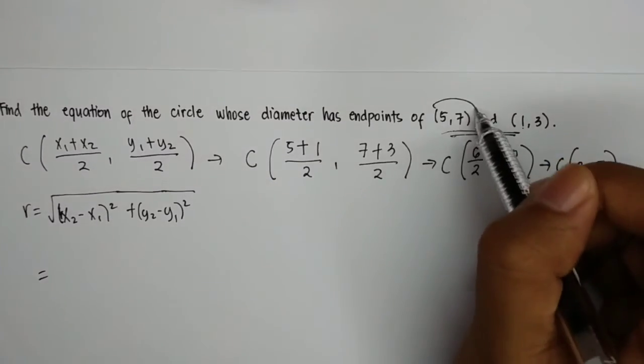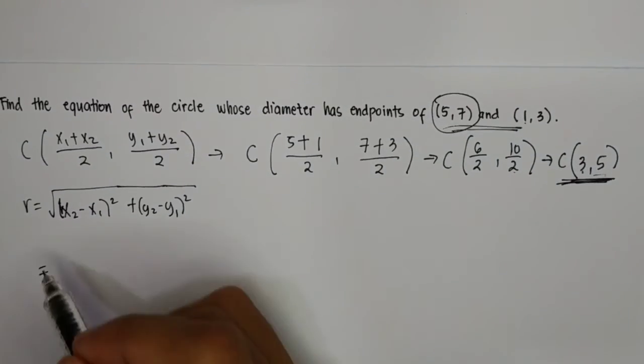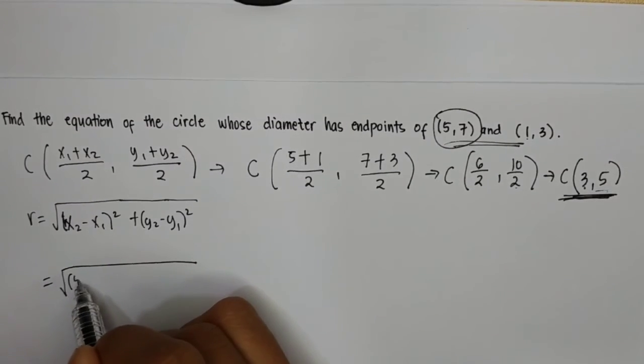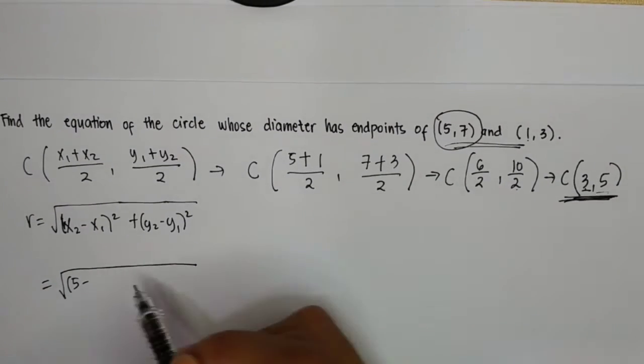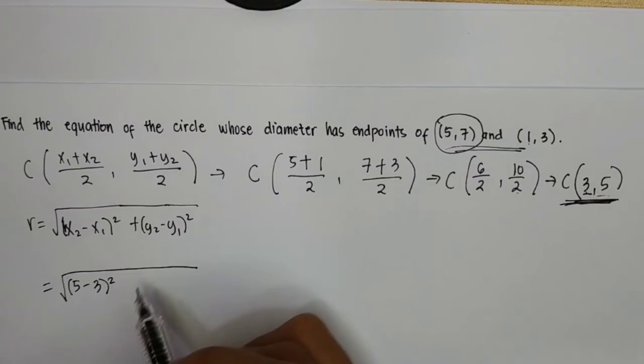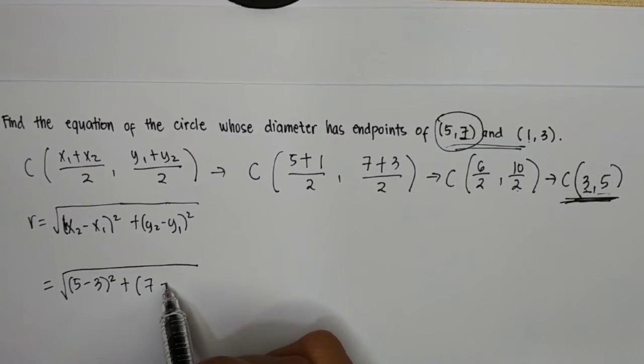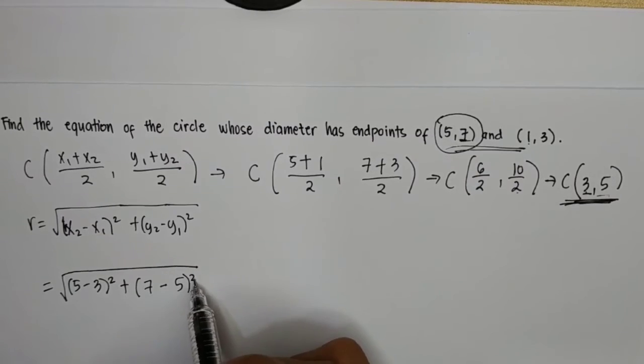Let's use 5 and 7. So, x sub 2 is 5, minus 3 squared, plus y sub 2, which is 7, minus 5 squared.